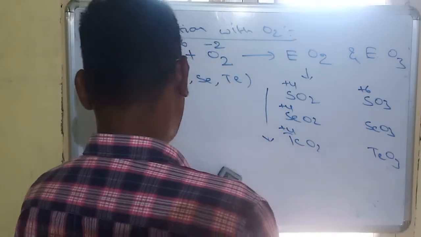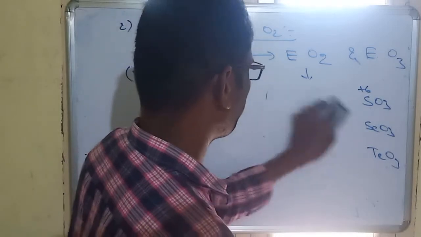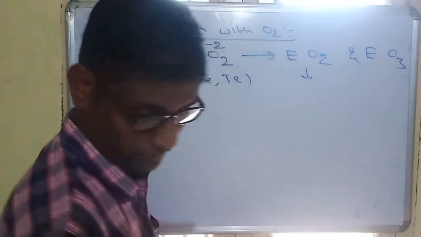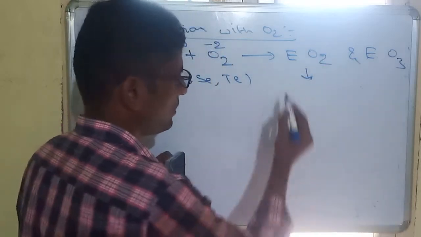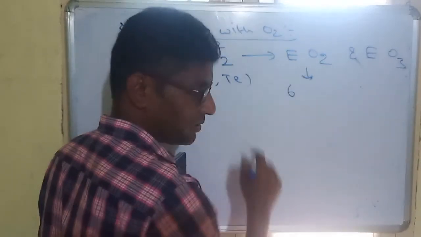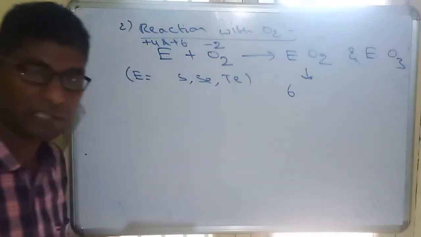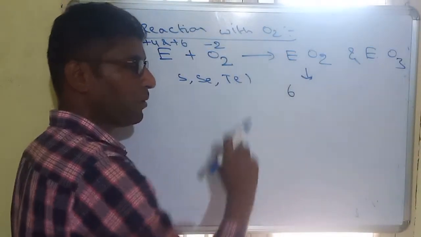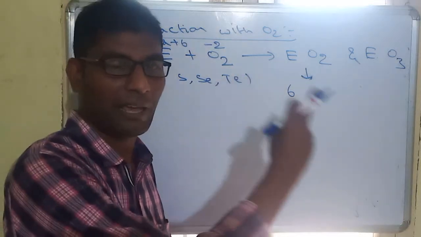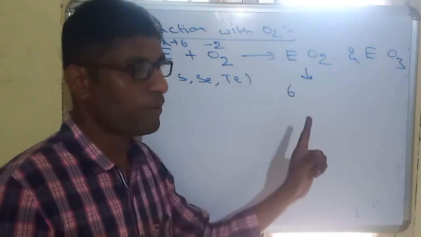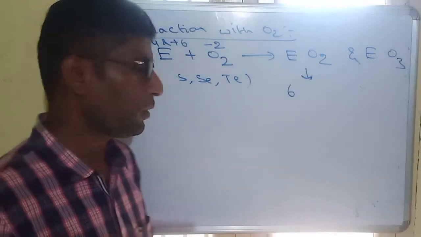Among dioxides and trioxides, when you are calculating hybridization for the dioxide, the central atom valence electrons will be 6, and here there are 2 oxygen. But remember, oxygen is not monovalent, it is divalent. The hybridization formula is only applicable to monovalent atoms.